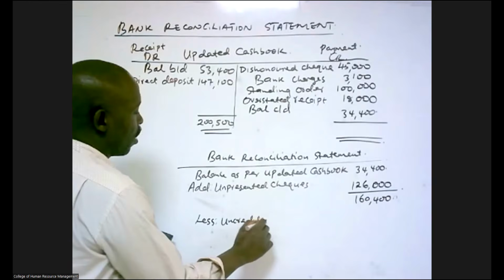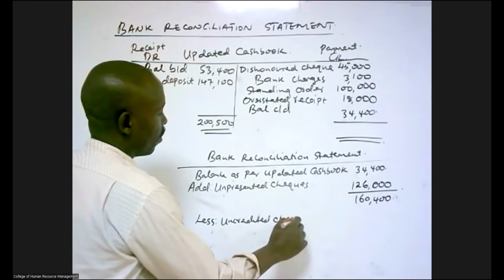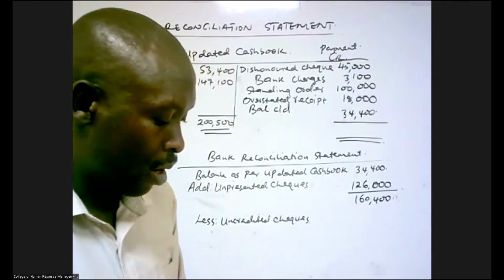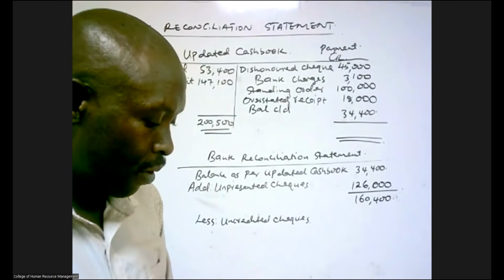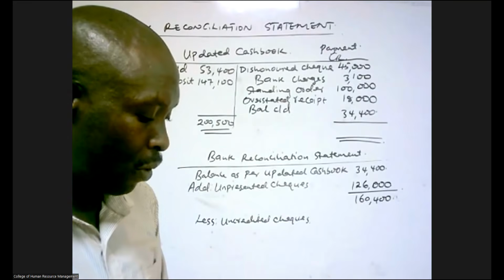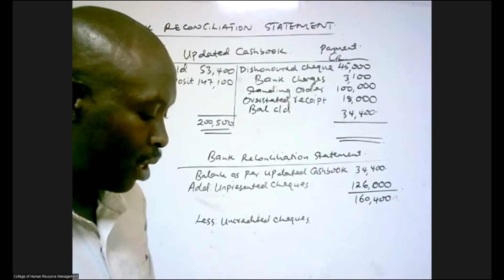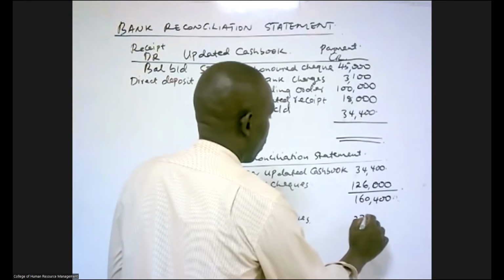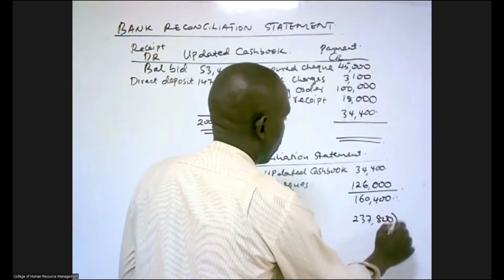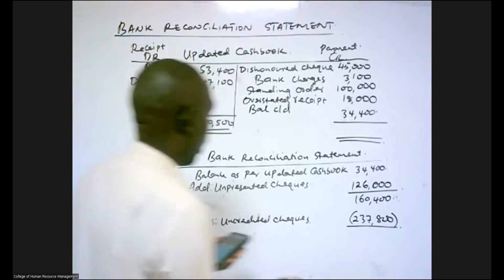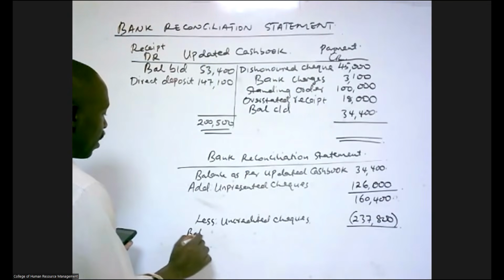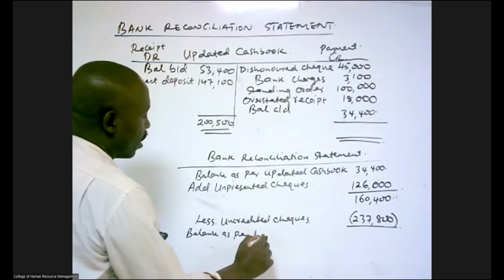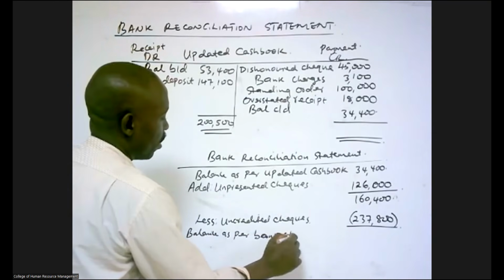Then from that, we less uncredited checks, which we are given as statement number 4. Checks deposited and not yet credited amounted to 237,800. We less that, so that now we can arrive at the balance as per bank statement.